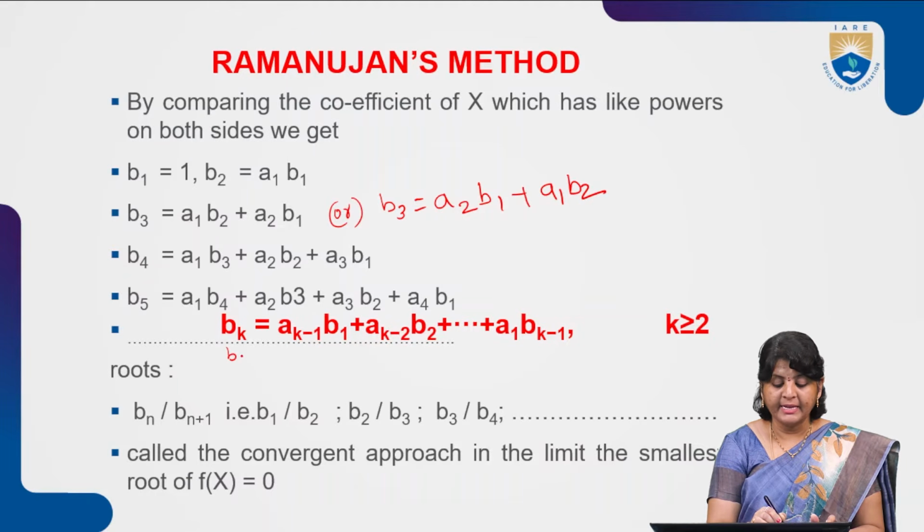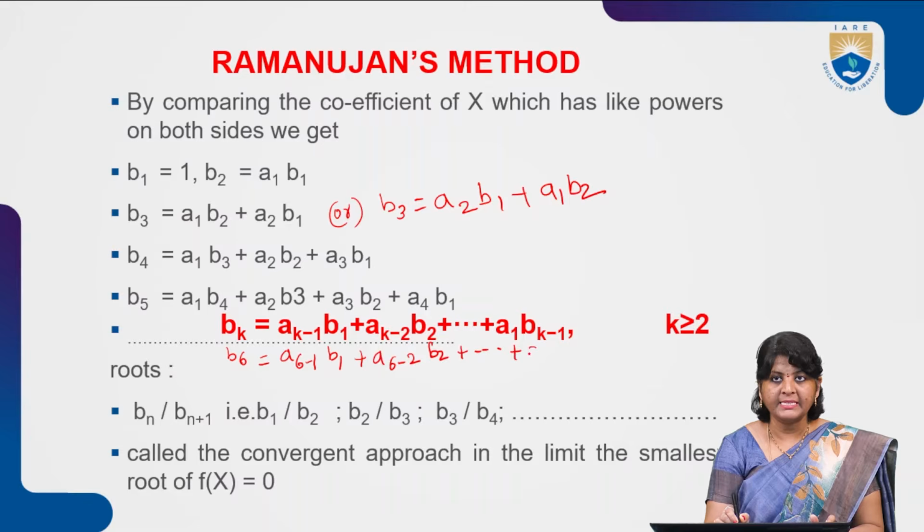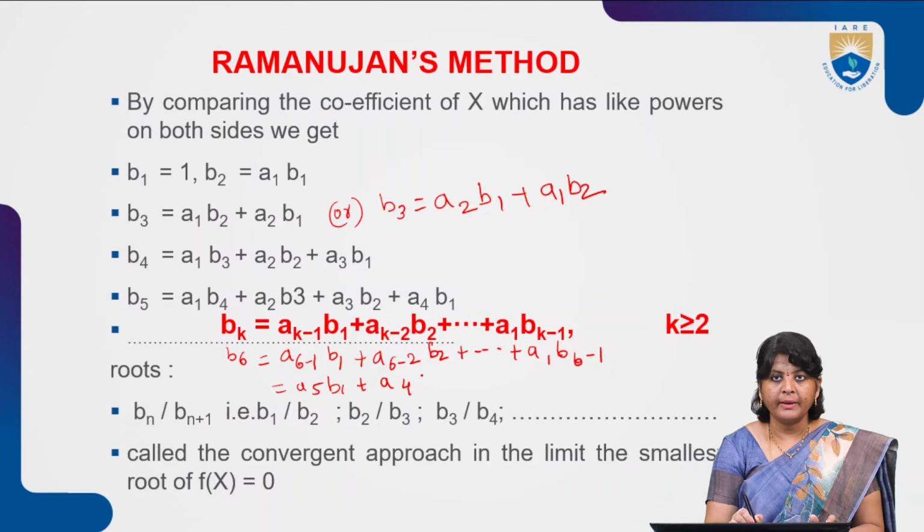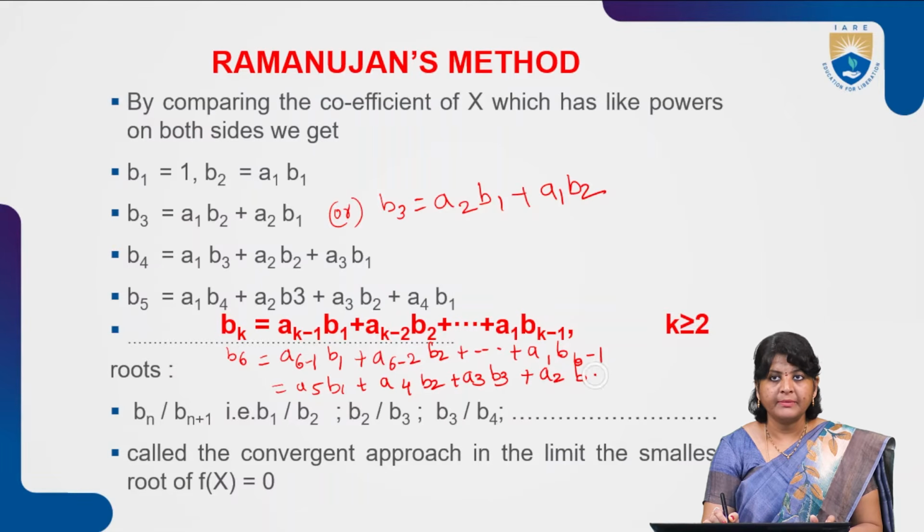That is, if I take b6, then this is a5 b1 plus a4 b2 plus a3 b3 plus a2 b4 plus a1 b5.